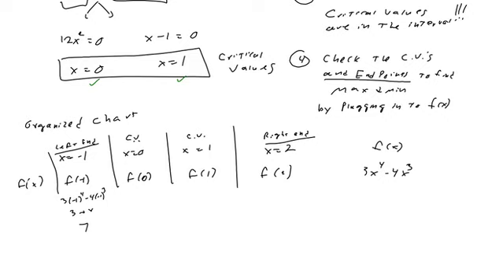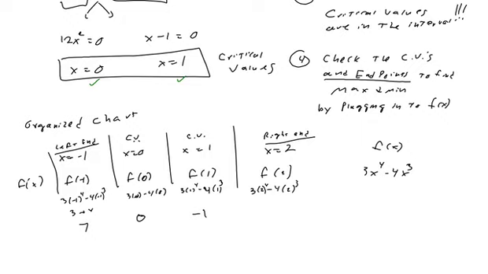0, I'll plug in the 0, that's just going to be 0. That'll be 0. 3 times 0, minus 4 times 0, that's just 0. Plug in a 1. 3 times 1 to the fourth minus 4 times 1 to the third power. That'll be negative 1. If I do a 2, 3 times 2 to the fourth minus 4 times 2 to the third.